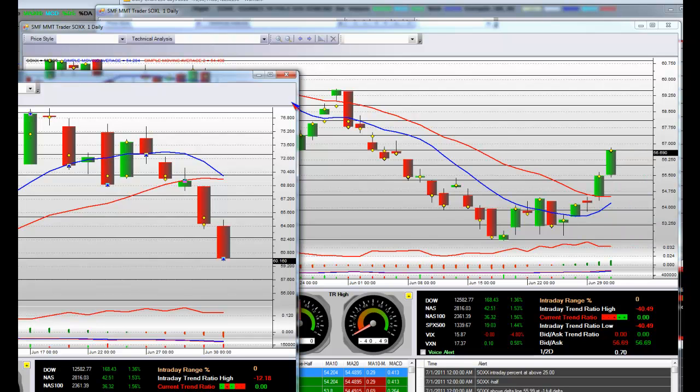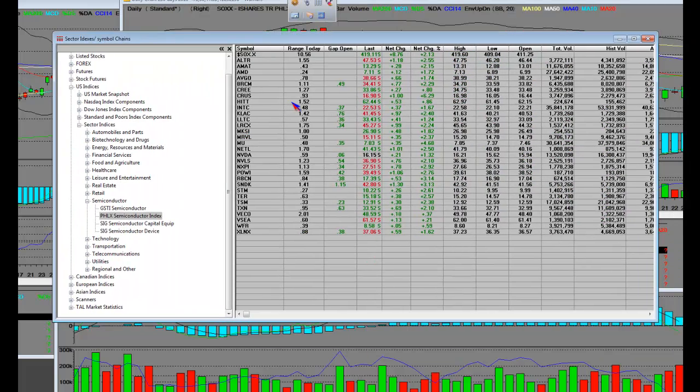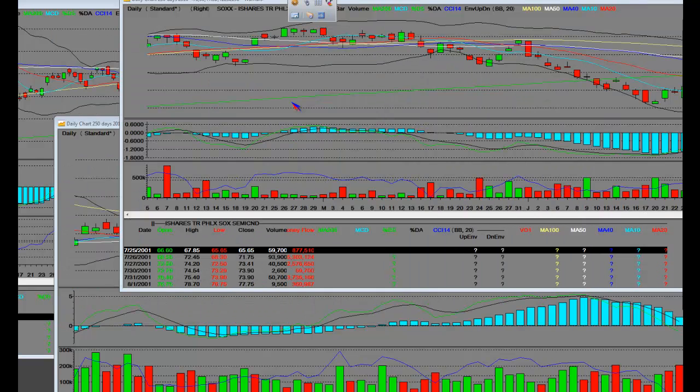The SOX is actually the index itself. It's not 3 times, but it does correspond with the semiconductor index. So let me ask you to be safe, right here this is called the SOX.X, and that's all of these combination of stocks that's in that index right here. And let me go back and pull up the charts again.